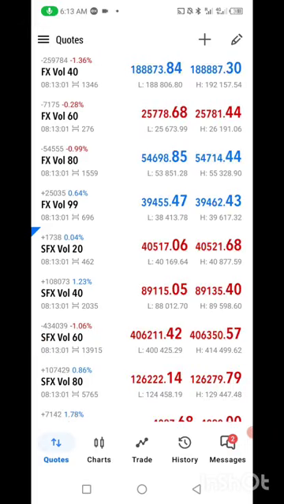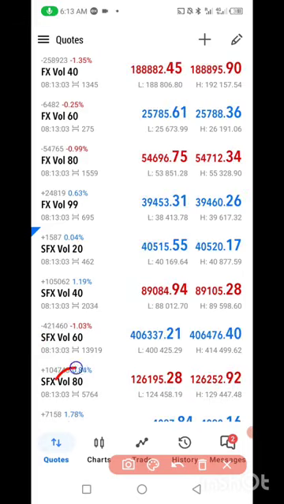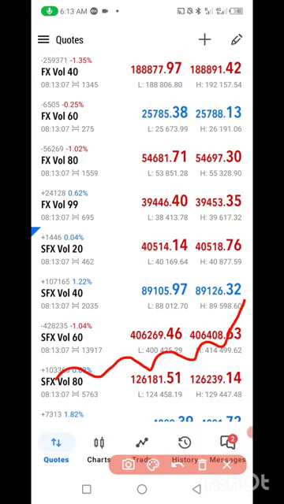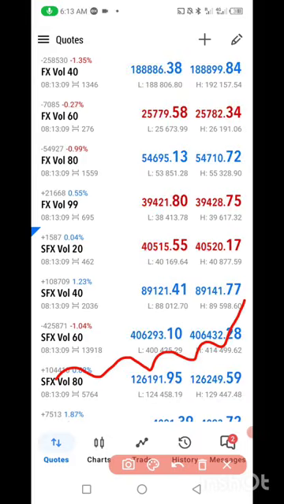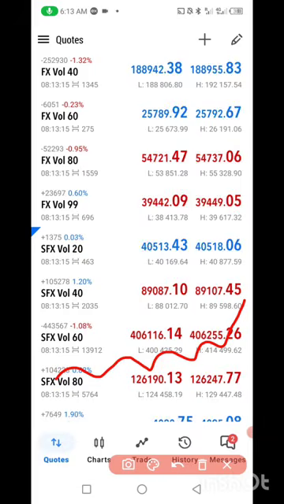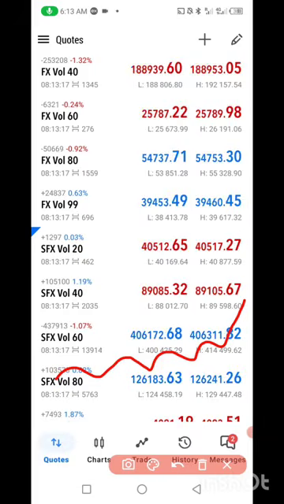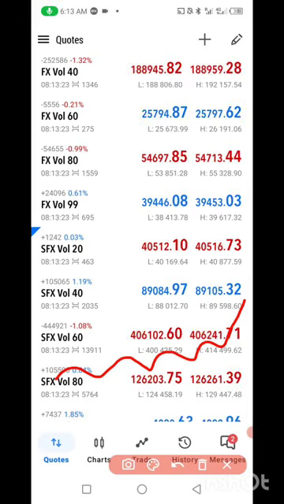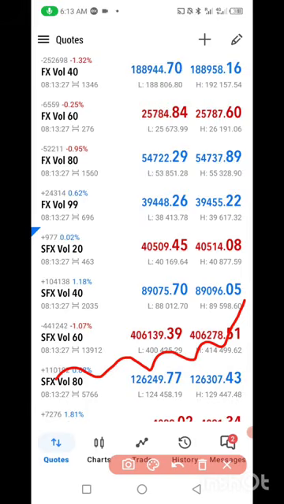Imagine your profit curve looks like this. It means you are progressing. Yes, you will have some drawdown, but as time goes on, you keep growing. That is what we are going to help you achieve when you join this program and fund $1,000.